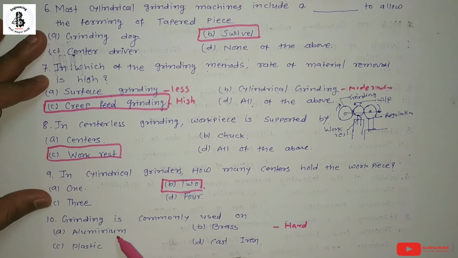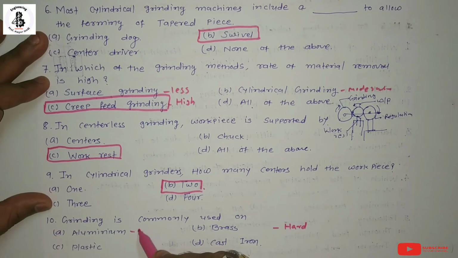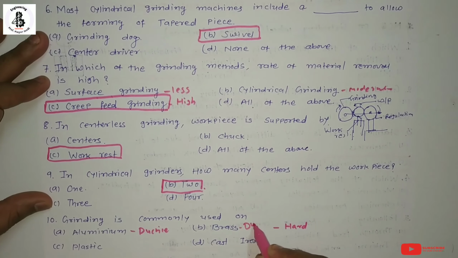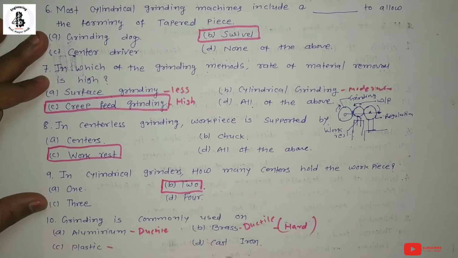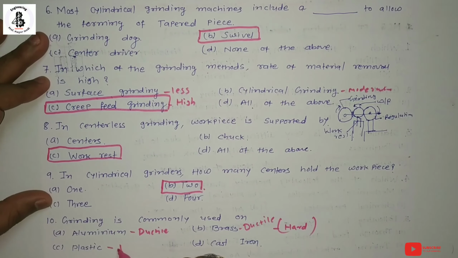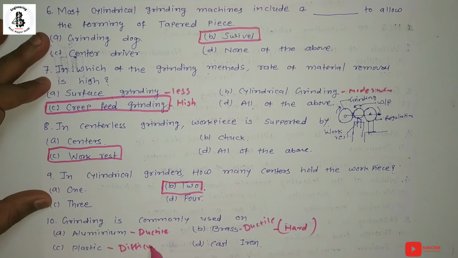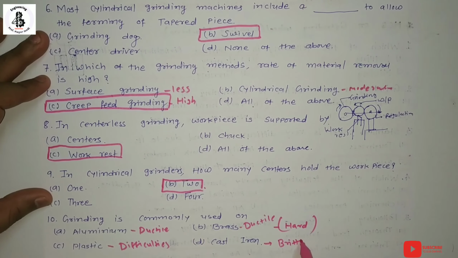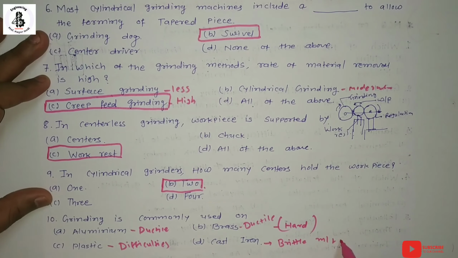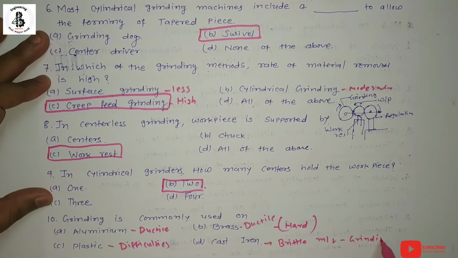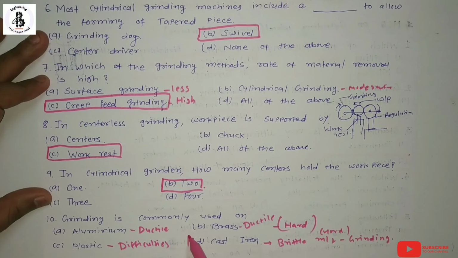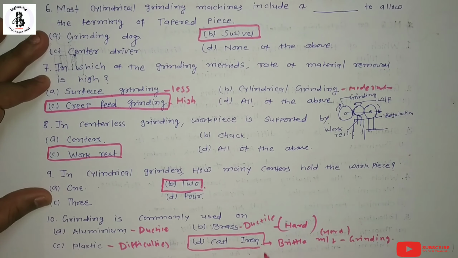Here aluminum is considered a ductile material. Brass is also considered a ductile material. Plastic has good plasticity, so it will have difficulties. And cast iron is a brittle material. So the grinding process is generally used on hard, brittle materials. So the right answer is option D, cast iron.